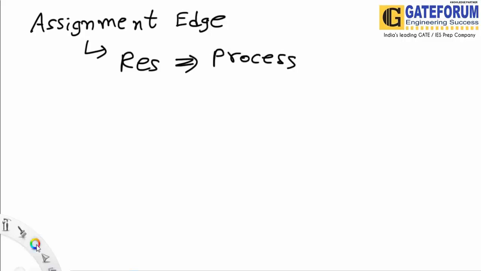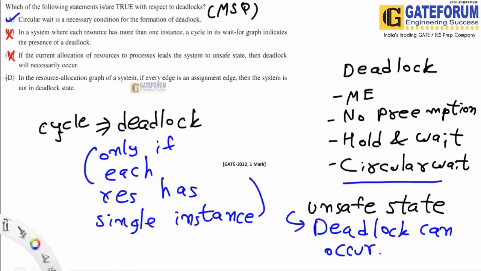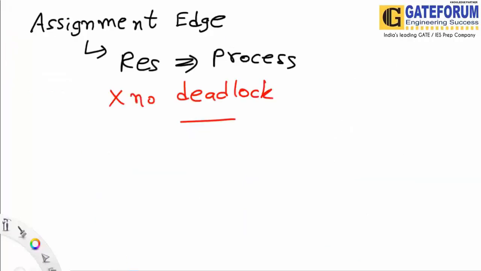If that is the case, then there is no deadlock. A very simple understanding. In that case there won't be any deadlock, so this condition is totally true. If every edge is an assignment edge, it means every resource is already assigned, so the system is not in deadlock because all the resources are assigned.